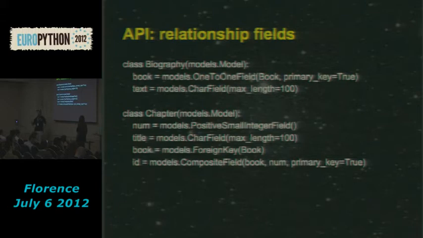So the question is, with this API, how can I manage the DB column for the author name or other parts of the key? Basically, with regular model fields, if you want to customize the name of the column in the database, for example for this positive small integer field, you just add db_column equals something as a parameter.